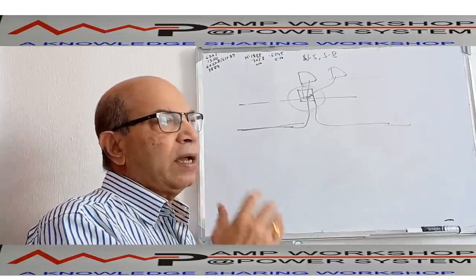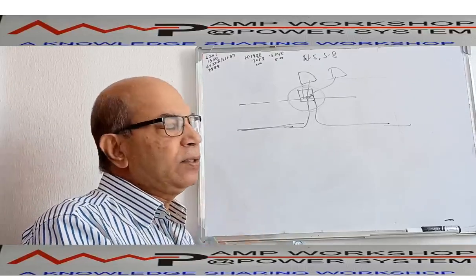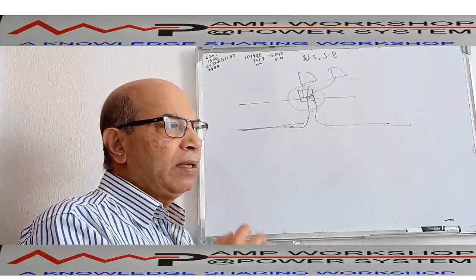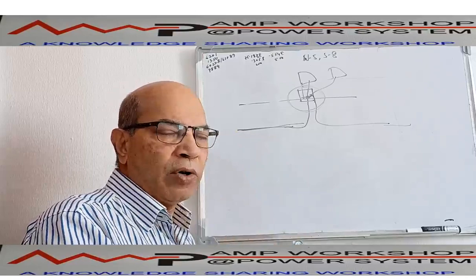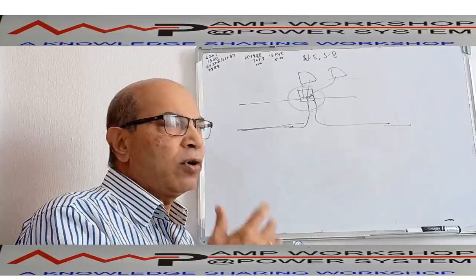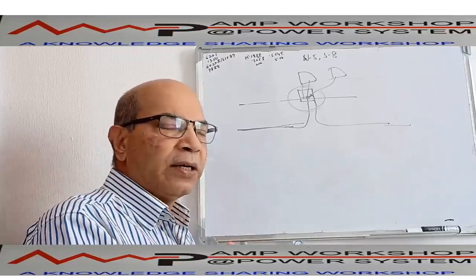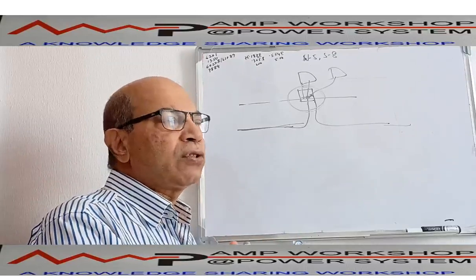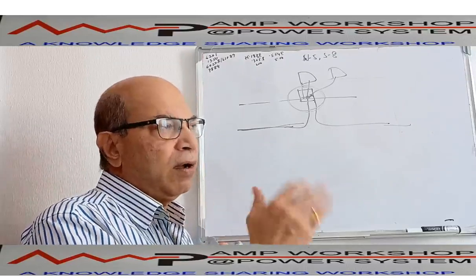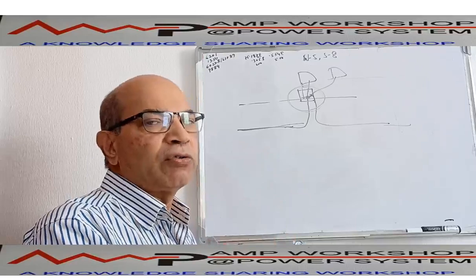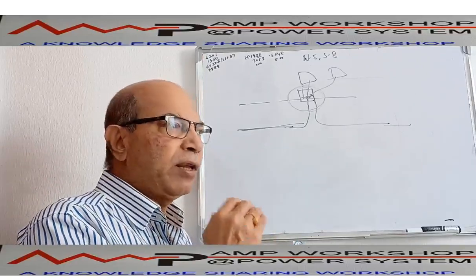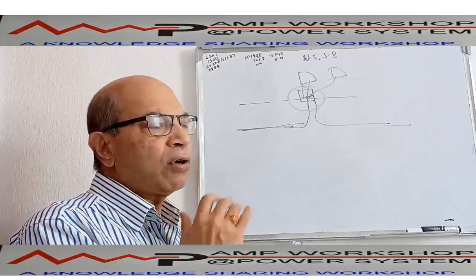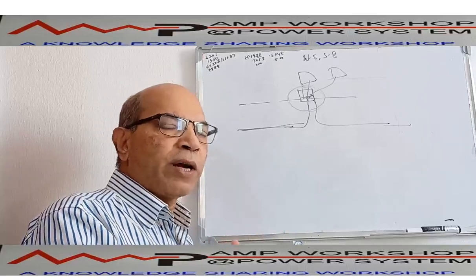So an overhead conductor can carry more power than a normal cable, and in the normal cable there is also a limitation of the voltage. Though a 400 kV cable is there, overhead line is easier to install and maintain, and maintenance and supervision are also easier. So that's why for high voltage transmission and distribution, as well as very rural distribution, we always use overhead lines or overhead conductors.